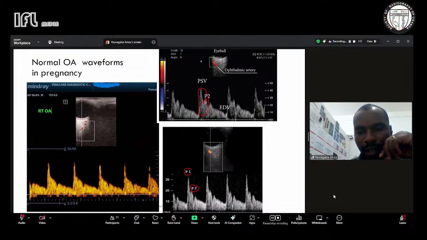And when the aortic valve closes here, and the heart is relaxing, that is when we have the diastole. And in the normal state, we should not have high diastolic flow, and if it is low, then we know that is the normal state. So that is the appearance of the normal waveform.